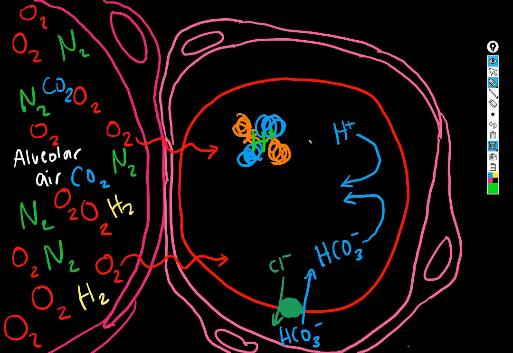So when that's the case, that changes the affinity, or the willingness to bind, of hemoglobin. And as long as there's more oxygen ambiently coming in, oxygen will now be booting the proton off and taking its place. So once that proton is off, it is free to combine with our little bicarbonate here.